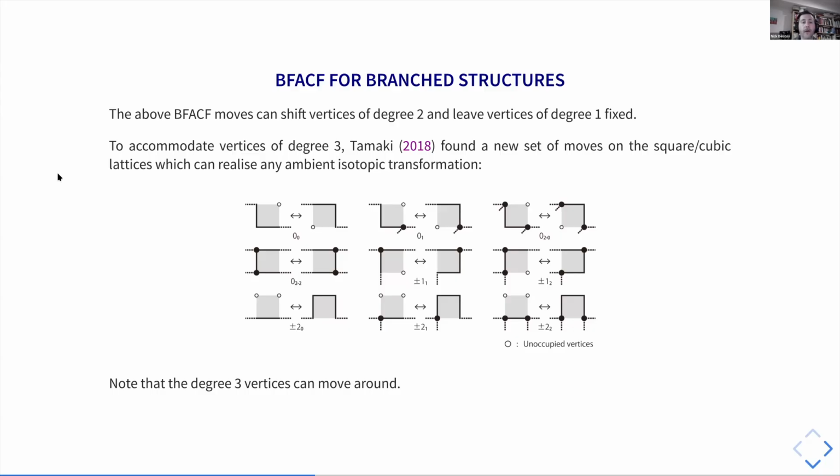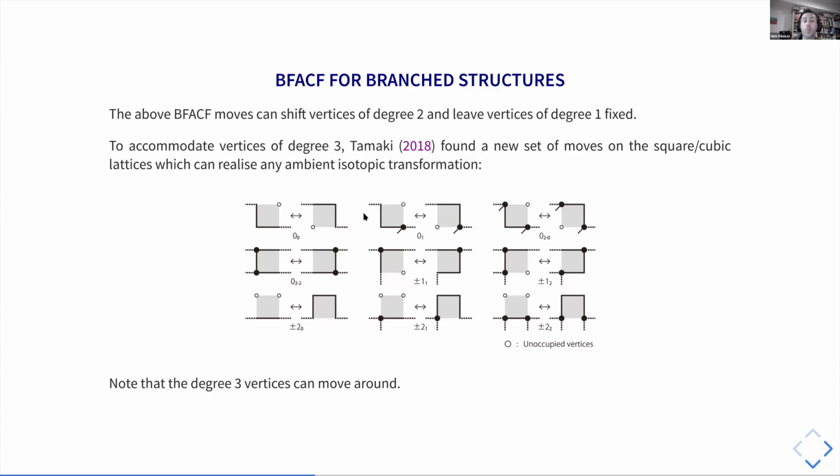So it turns out that a few years ago, Tamaki, who was a master's student of Koya Shimakawa, found a set of moves on the square lattice or the cubic lattice which can accommodate vertices of degree 3.